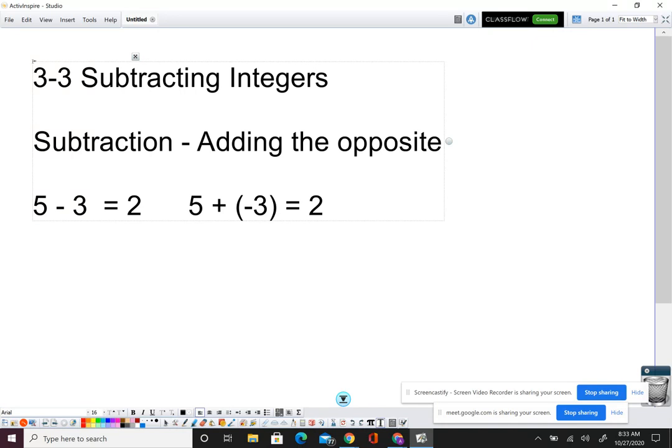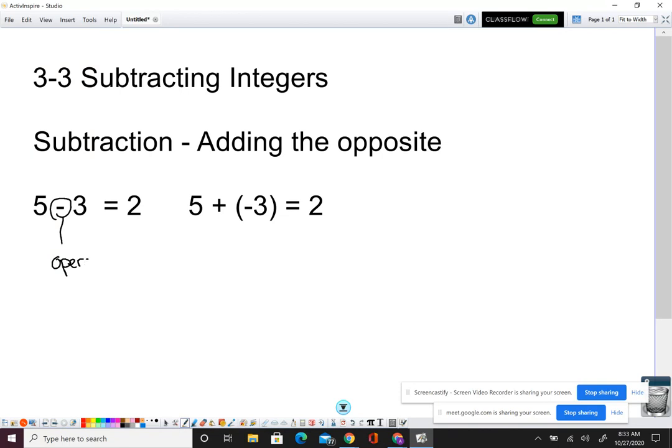What students have a hard time with is, in this case, this is the operation. And in this case, this negative represents the opposite. But these two equations mean exactly the same thing.